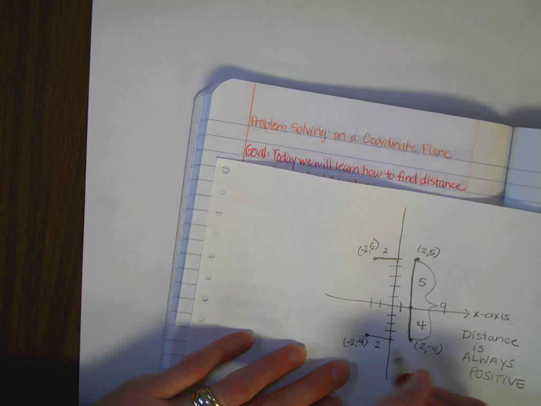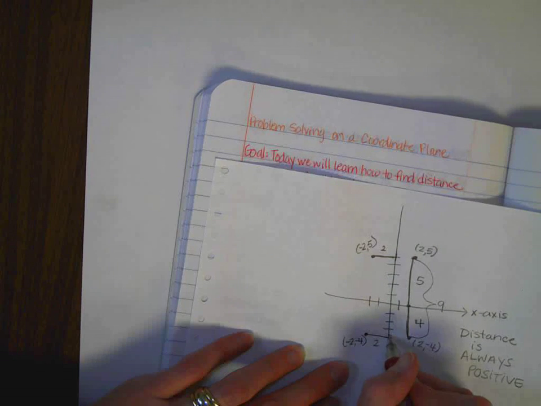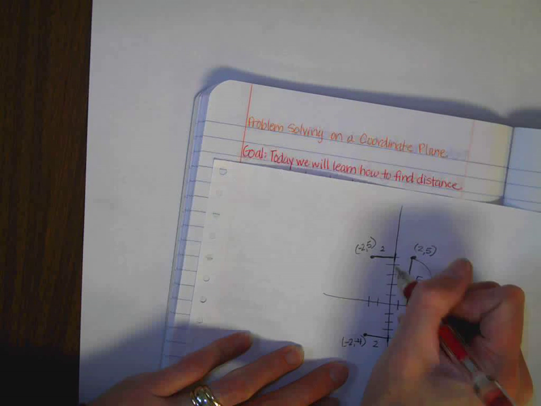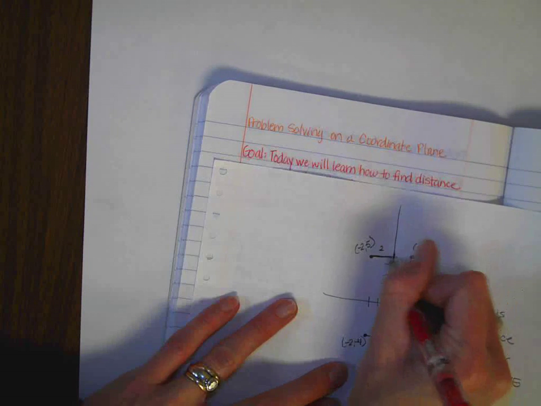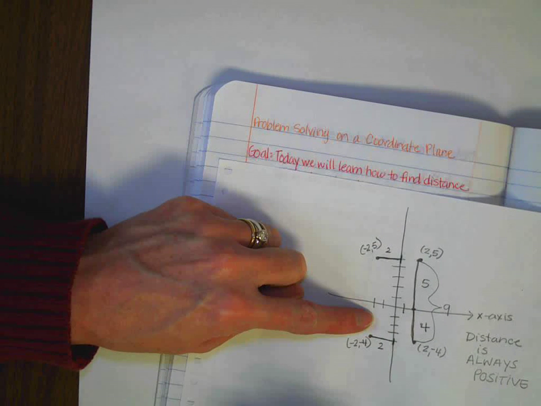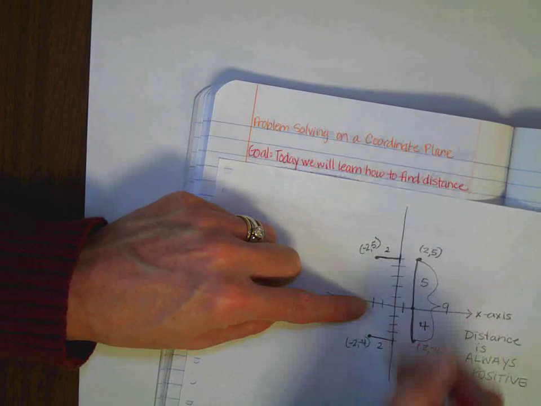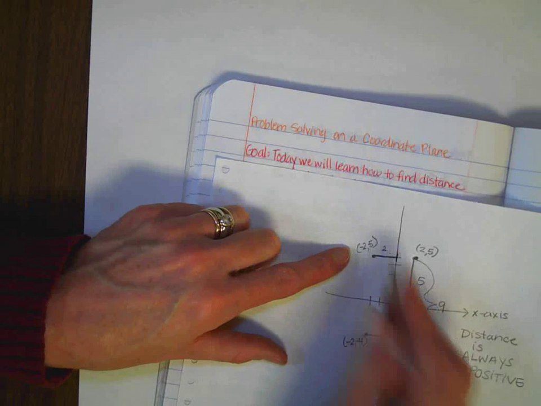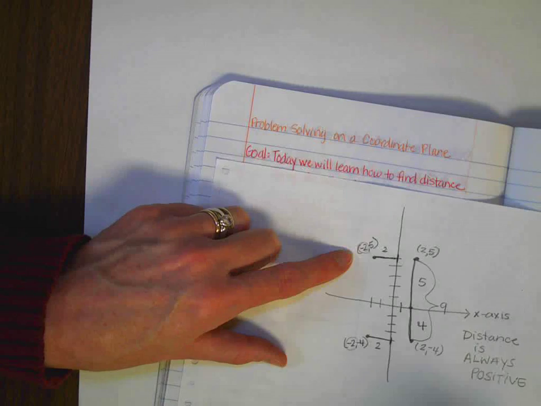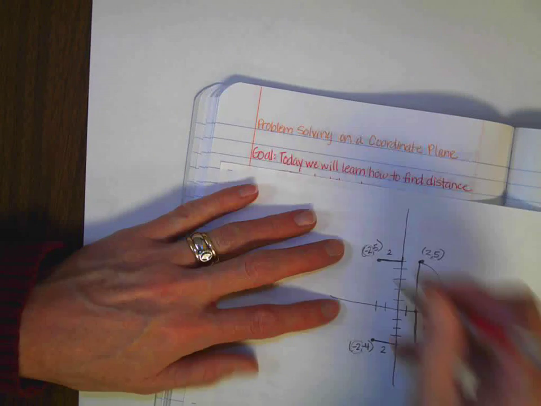So from the y-axis, the distance is 2, but we don't add them because this is not one line, okay? So we're just figuring out the distance. The fact that it's the same for both proves that these coordinates are on the same vertical line.